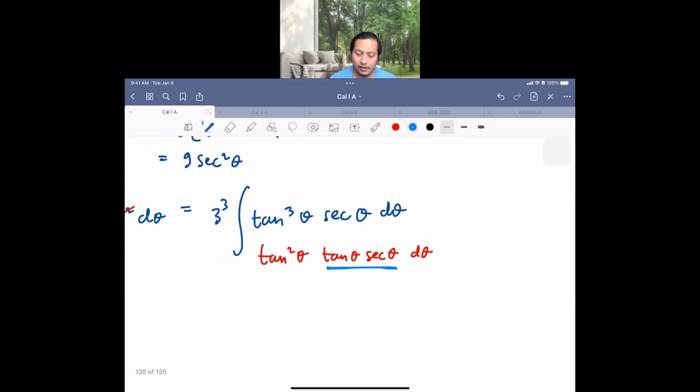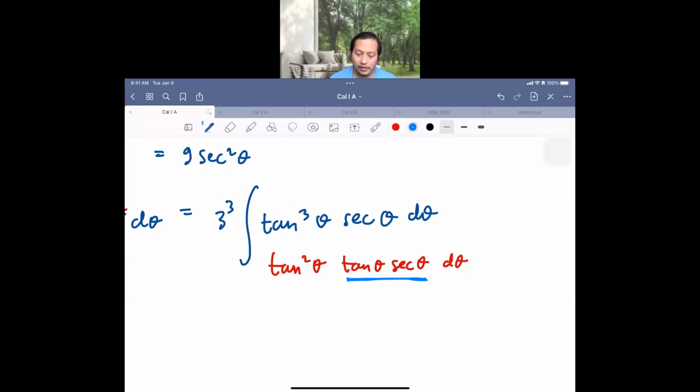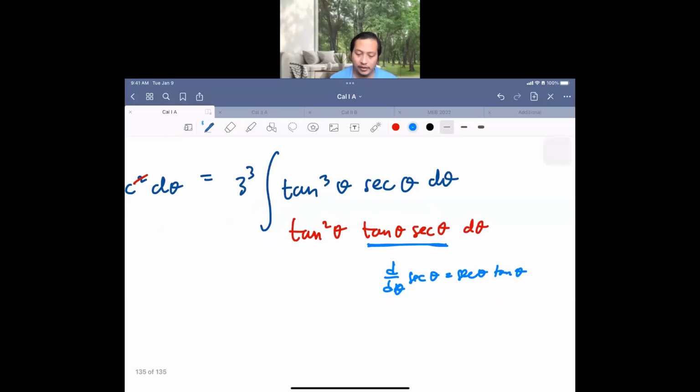Okay, so how to cancel them? We have to have the secant, because d d theta of secant theta is secant theta tangent theta, right? And how are we going to do that? From the tangent squared, we have secant squared theta minus 1.